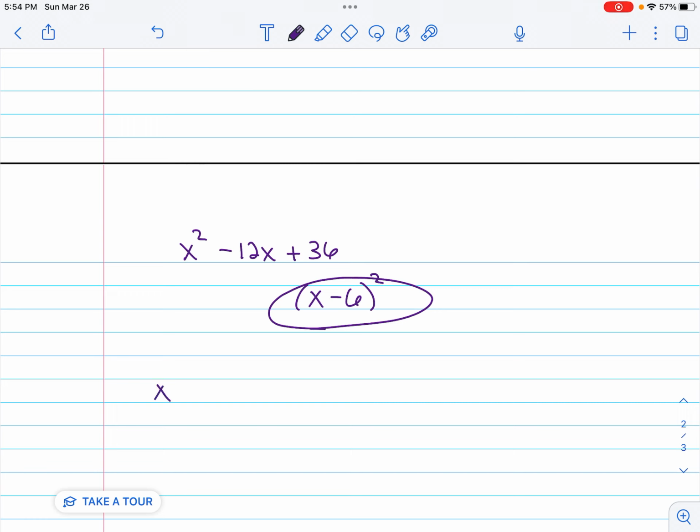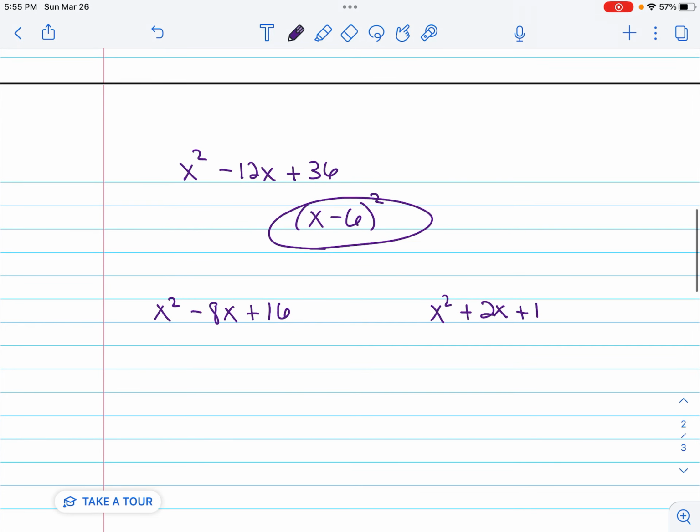Let's say you have x squared minus 8x plus 16 and x squared plus 2x plus 1. Go ahead and try to factor those. You can pause the video, try them, and then start the video up again. Okay, hopefully you came up with x minus 4 squared, which you can write as x minus 4 times x minus 4. Either way is fine.